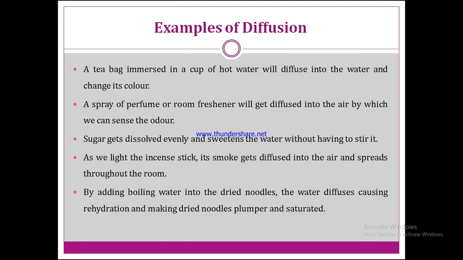Sugar gets dissolved evenly and sweetens the water without being stirred. As we light incense sticks, the smoke gets diffused into the air and spreads throughout the room. By adding boiling water to dried noodles, the water diffuses, causing rehydration and making the dried noodles plumper and saturated.